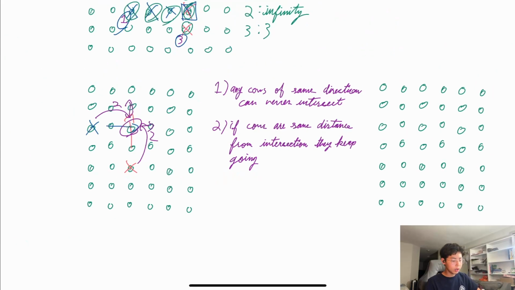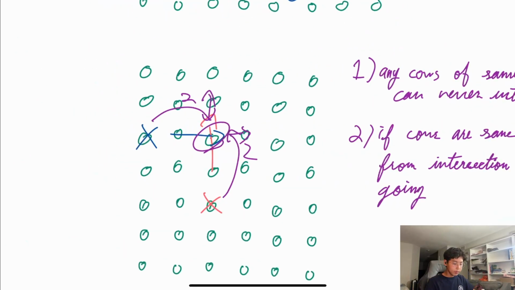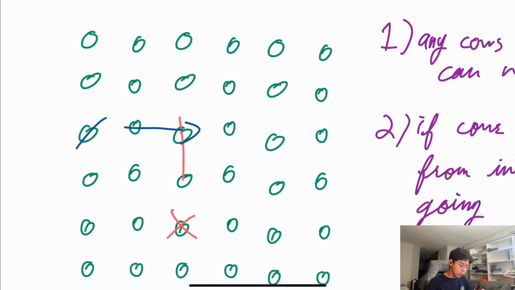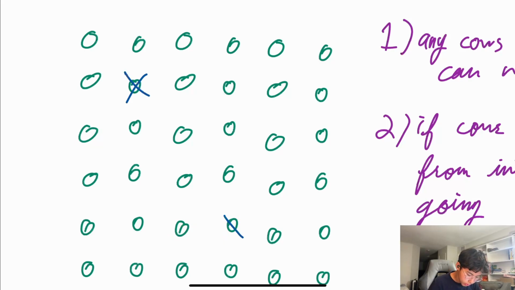Okay, now let's see what else you would need. Okay, if they're the same direction, they keep going. But what if they're not the same direction? What happens then? Let's clear this up and see what happens. So let's say blue was here, and let's say red was here. Okay, blue here goes first hour, red goes here first hour, blue here and red here, and finally blue here and red here.